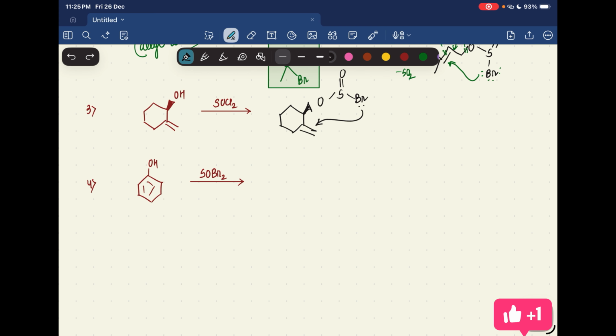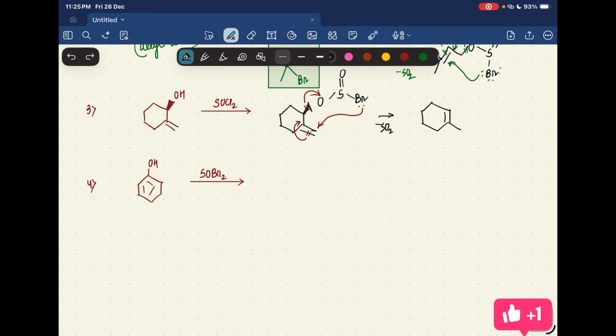Let me change the color as well. The lone pair will come out here, this bond will shift to here, and this bond will shift to here, and finally we will get the product like this. The double bond will come to here. SO2 gas has been removed.